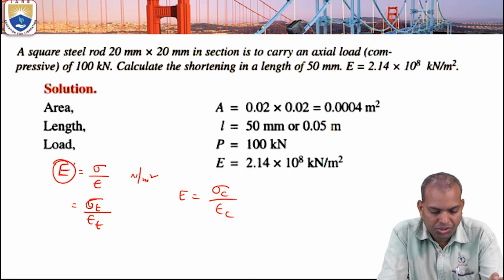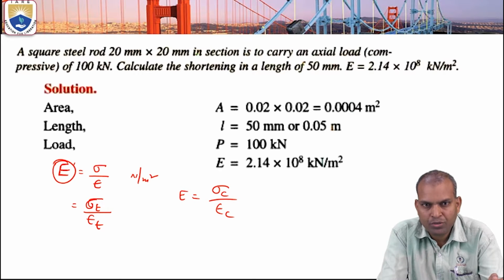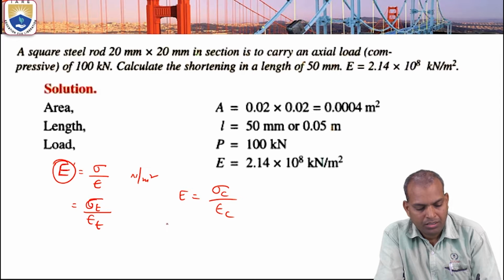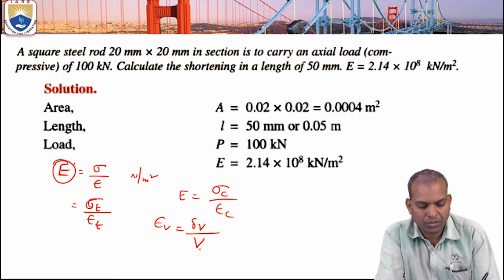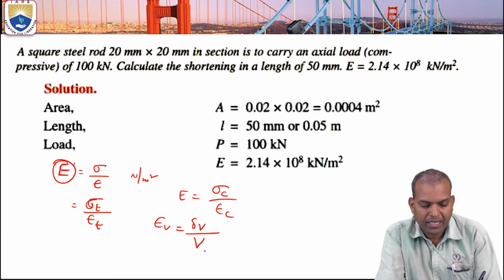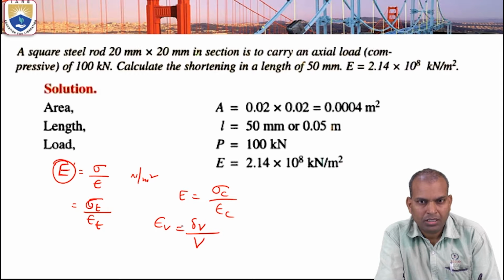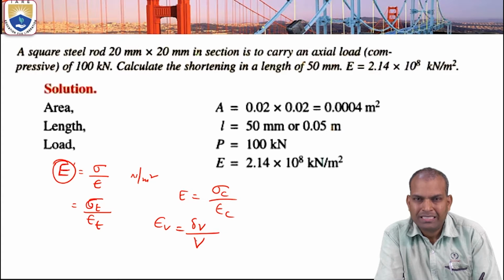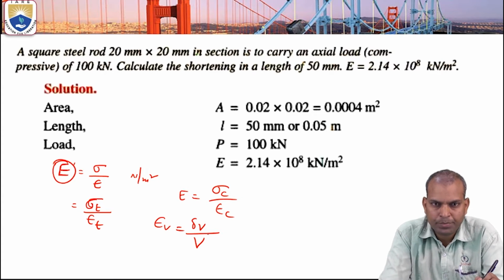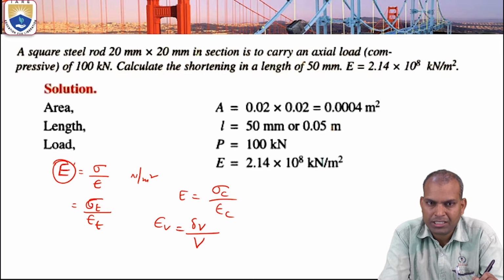And there is another strain known as the volumetric strain. The volumetric strain is denoted by epsilon V, that is delta V, change in volume, by the original volume. It is a fraction. That's why the unit for volumetric strain, tensile strain and compressive strain are unitless, 0.